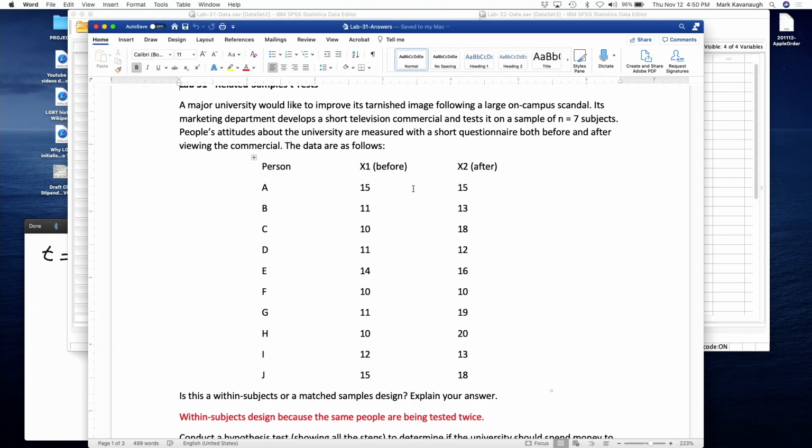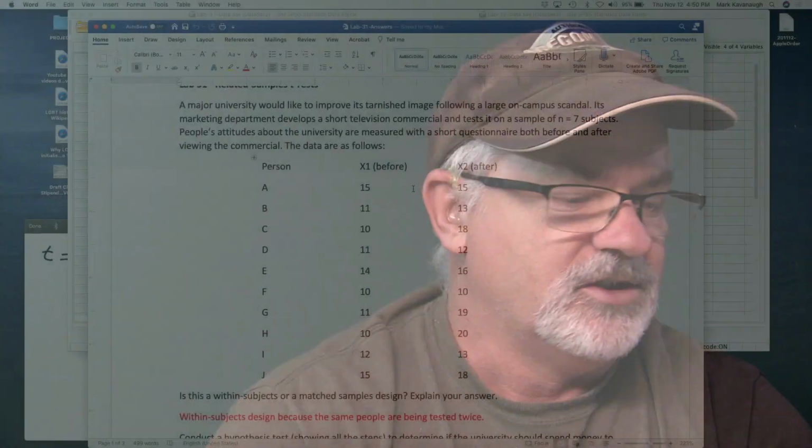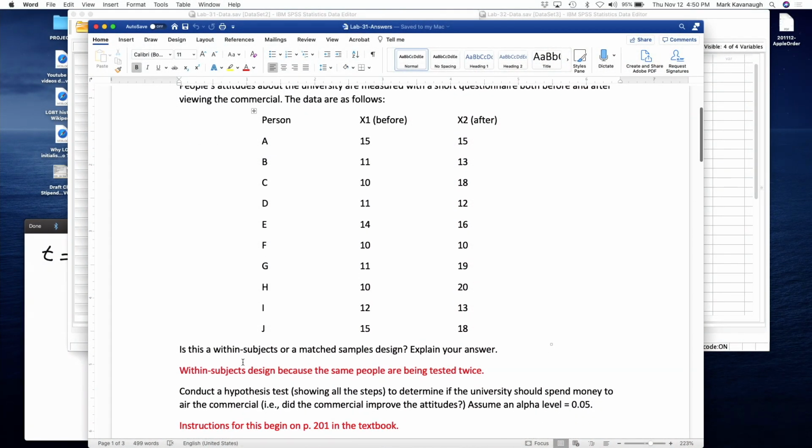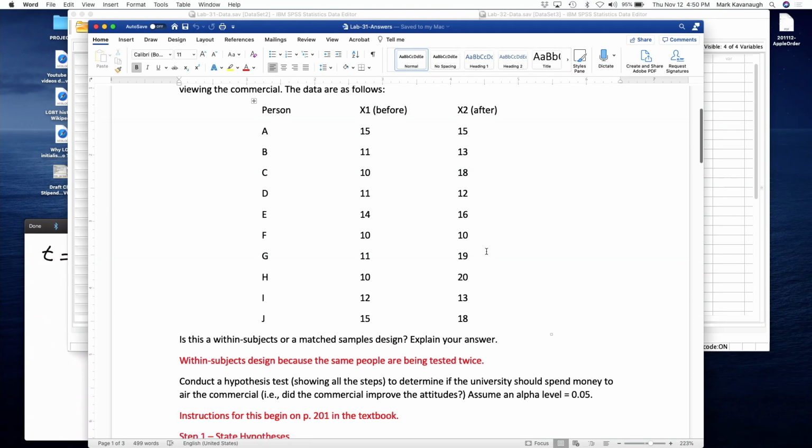In between there, they had the subjects look at the video. So this is a within subjects study. So they're looking at the same people, measuring them twice. So that's the answer to the first question. We go down here, and it's a within subject design, the same people are being tested twice.